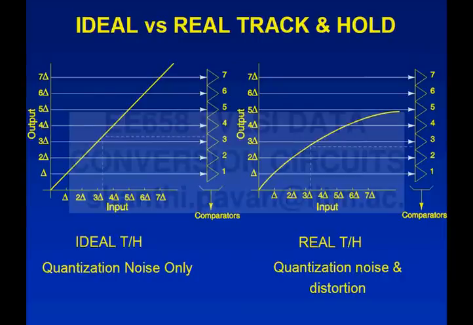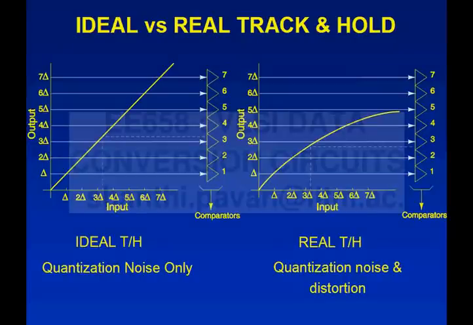If the input is larger than the reference, the output of the comparator is 1. If the input is smaller than the reference, the output of the comparator is 0, and then you have the usual thermometer to binary code conversion. So, for example, if the input lies between 3 and 4 delta, where delta is the LSB in this example, the lower 3 comparators will fire, the upper 4 comparators will not fire, and the output code of the flash converter will be 3.